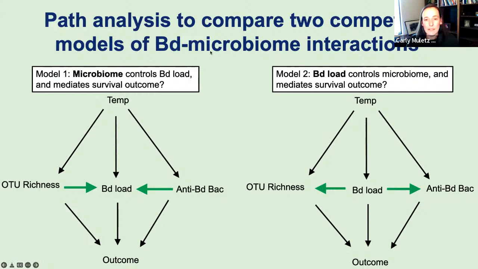So what I did in this model was to compare two models of BD-microbiome interactions, asking, does the microbiome control BD load and mediate survival? Or is it that the BD load is controlling the microbiome and that is what in fact is mediating survival?